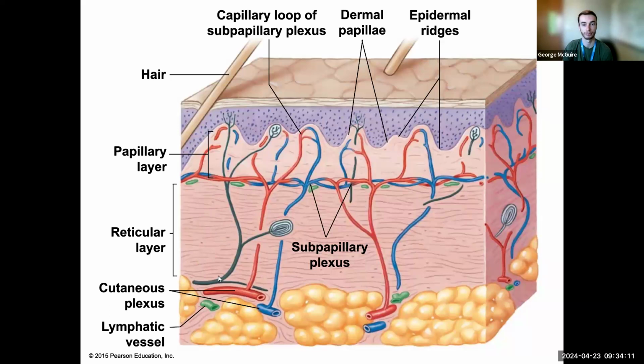This is also where we get the branching of our major nerves into smaller nerve endings here. And then deep to our dermis, papillary layer and reticular layer make our dermis, we have our hypodermis or our subcutaneous membrane, which is mainly adipose tissue.